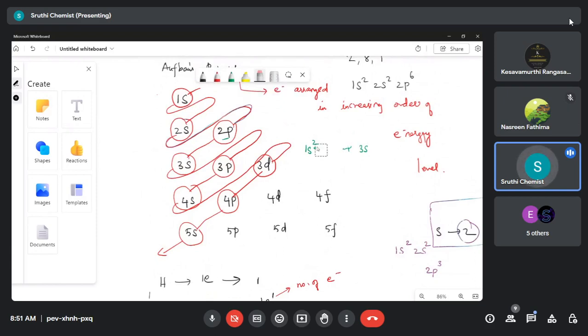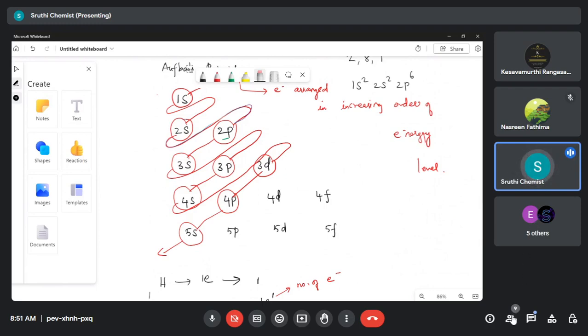Tell me how we will arrange the electrons here for potassium. 1s2. I want everyone to respond, only one person is responding. Yes, students, everyone.